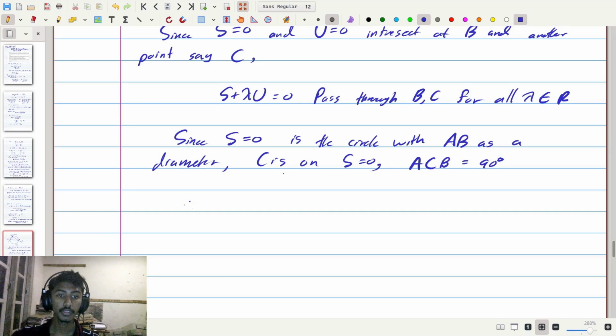Therefore, the AC line is perpendicular to the BC line. And with that, we can conclude what the AC line is.